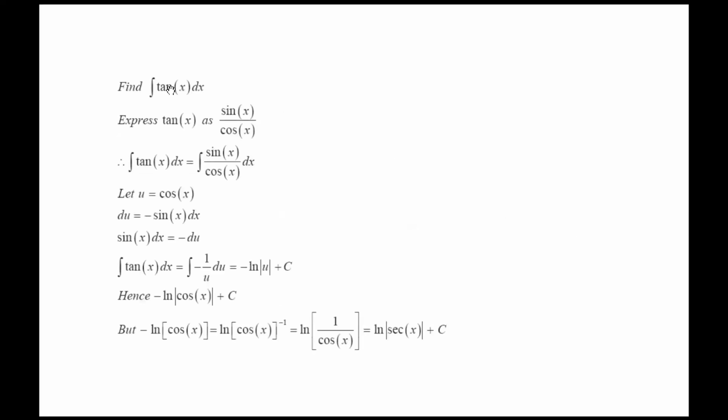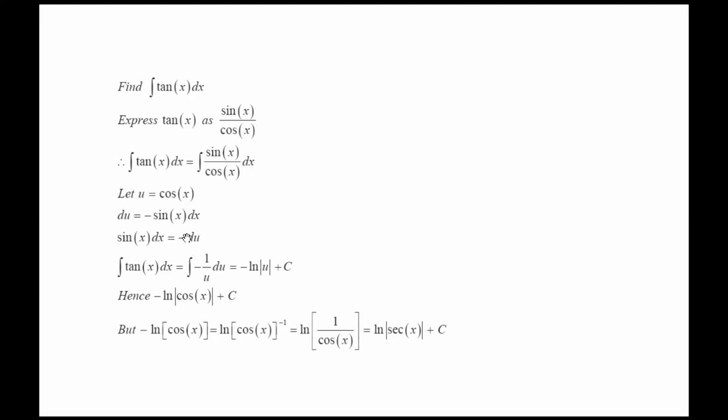Find the integral of the tangent of x. Well, let's write the tangent as sine over cosine. So that means that this thing is this. Let u be the cosine. Du is minus the sine of x dx, okay? We want sine of x dx, so that's going to equal minus du.